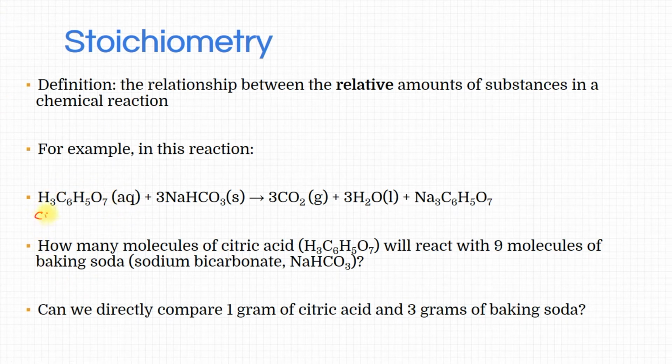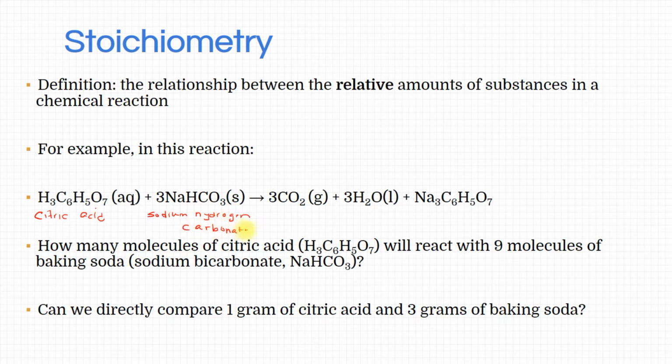Okay, so citric acid. It's in a lot of food and beverages that you eat. Anything that tastes fruity most likely has citric acid in it. And it reacts with baking soda. The formal name of baking soda is actually sodium hydrogen carbonate, but we call that baking soda.